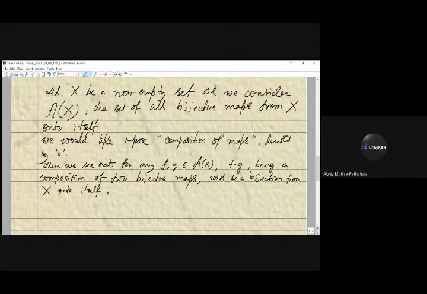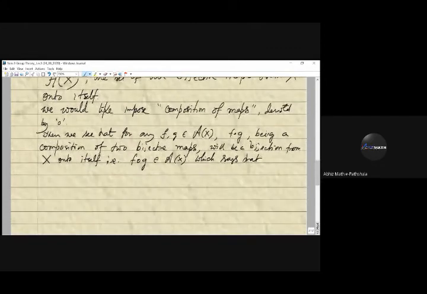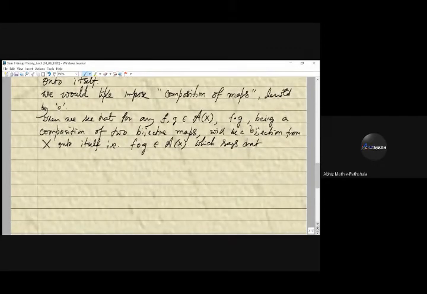That means the composition of two members of curly X will again be a member of curly X. That is, f compose g belongs to curly X, which says that composition satisfies the closure property.